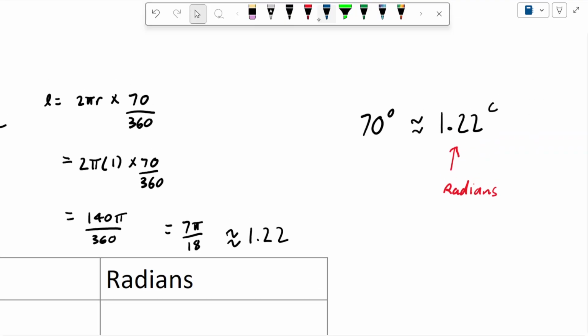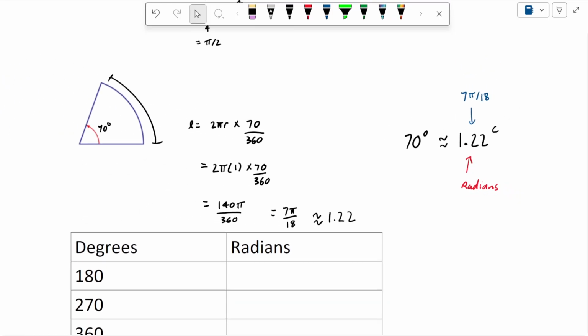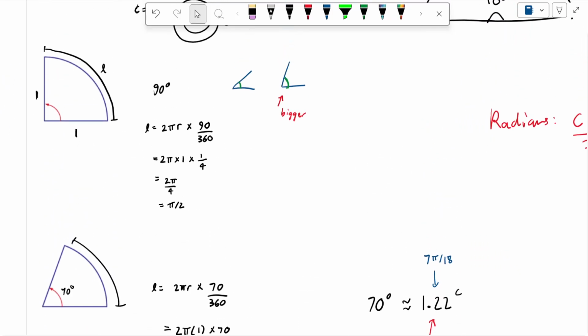And that exact number was 7 pi over 18. So the radians is literally just the length there. Also back here, if we had 90 degrees, that equals pi over 2 radians.